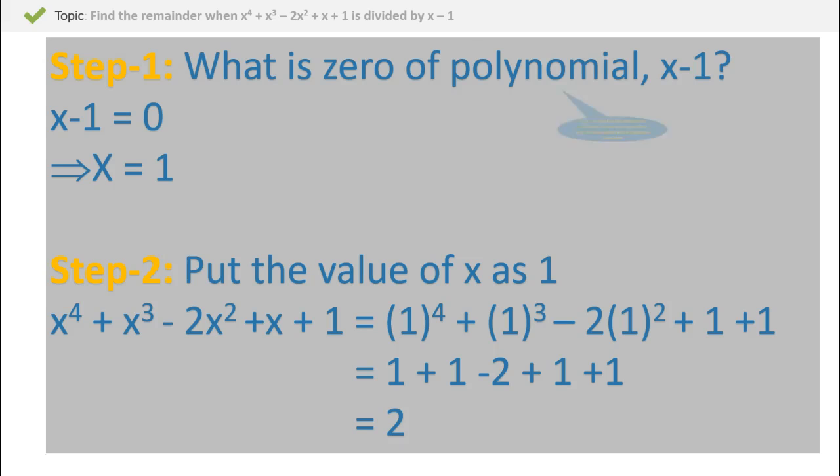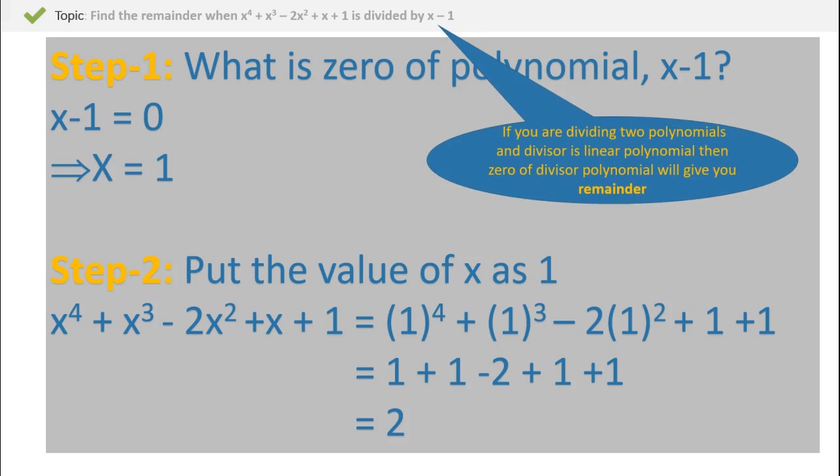Now when you get 2, you understand if you are dividing two polynomials and divisor is a linear polynomial, in this case x minus 1 was linear, then 0 of divisor polynomial, which is x minus 1, will give you remainder. So it is very interesting fact, right? Whenever you try to divide any polynomial with a linear polynomial, you should try to find out what is 0 of that linear polynomial.